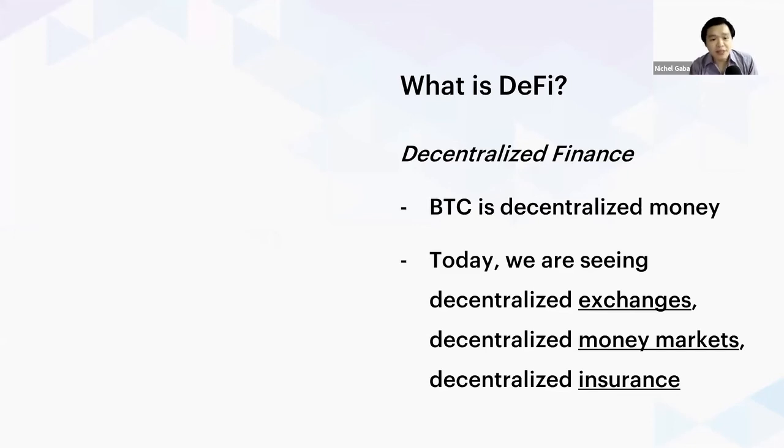Today, we actually have decentralized exchanges. PDAX is a centralized exchange. I'm a human being. We have a team of human beings processing transactions on a daily basis. But in a decentralized exchange, you don't have that.